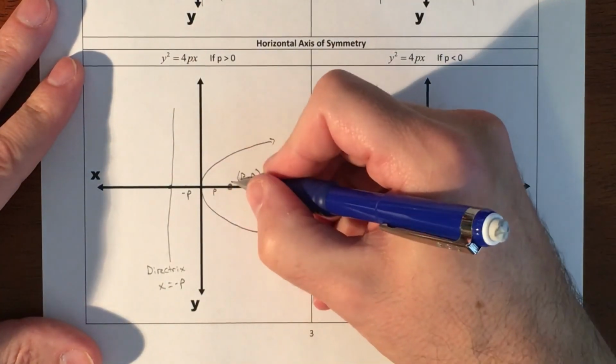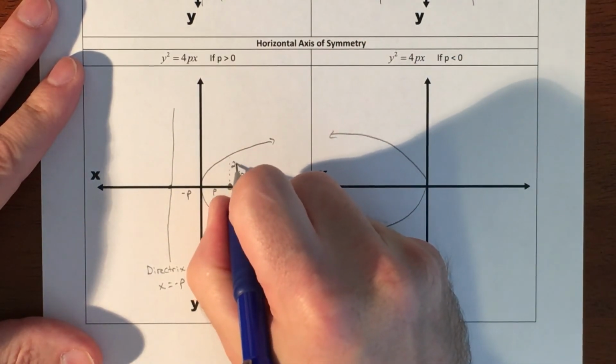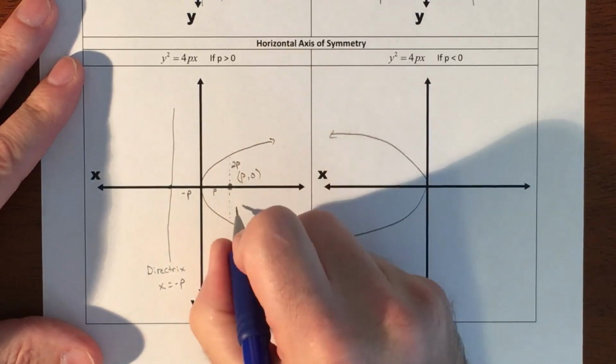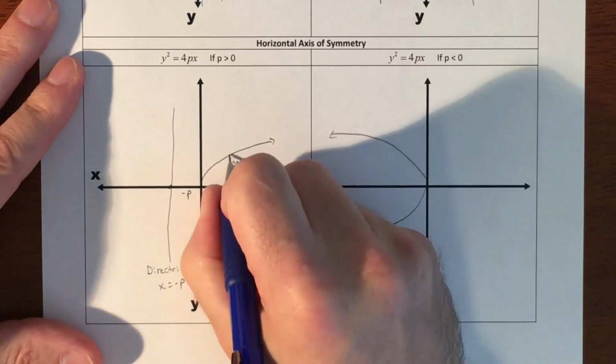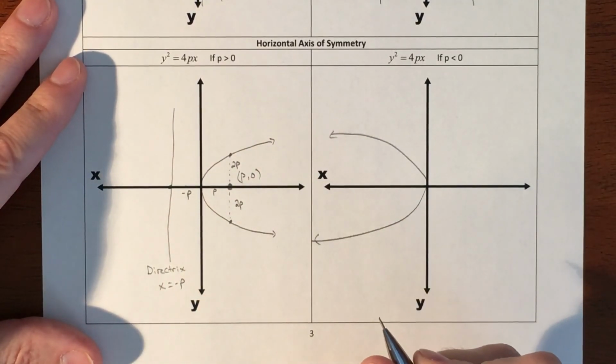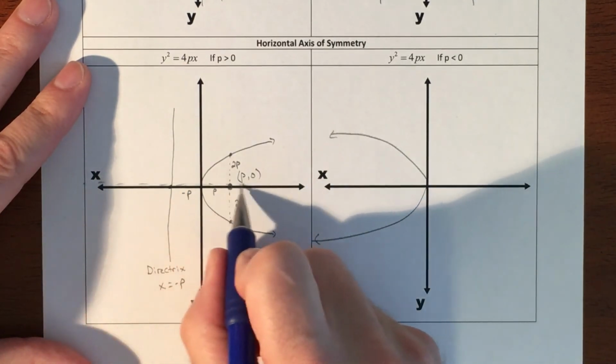And then same thing here, this distance is going to be twice whatever the p value was. So this distance in either direction is going to be 2p to kind of get you another point on your parabola. See how wide it is? And then you'd have an axis of symmetry, which is cutting through the whole thing.